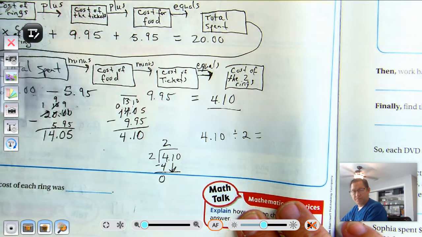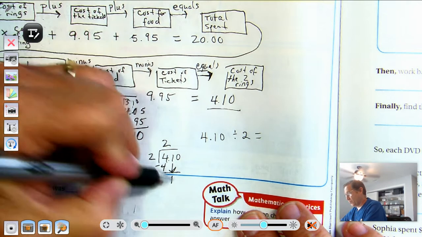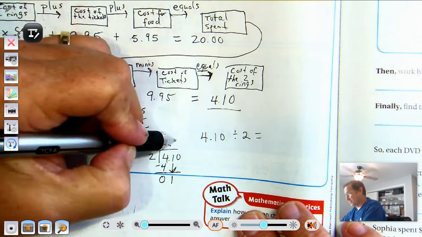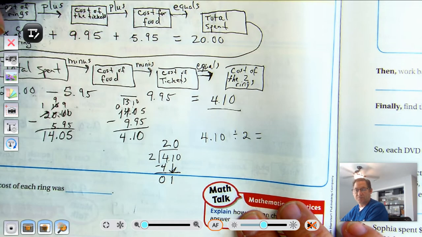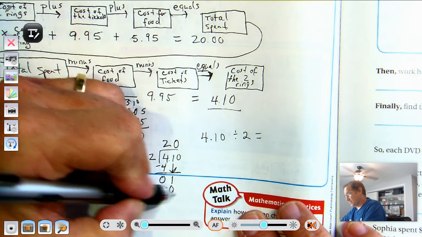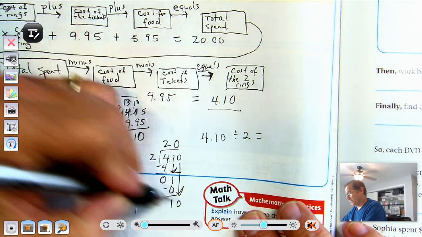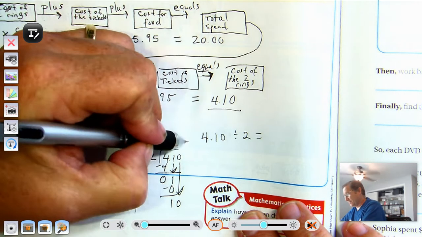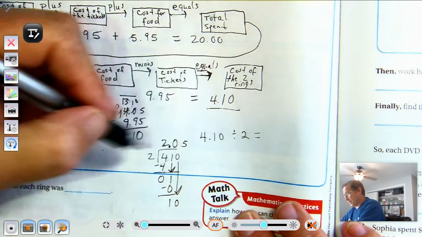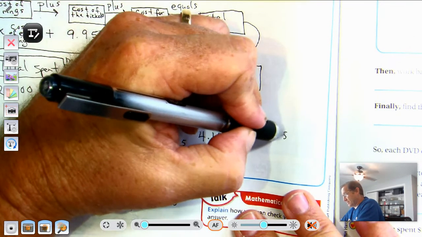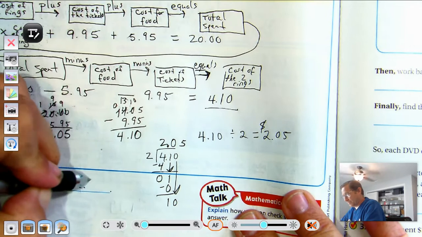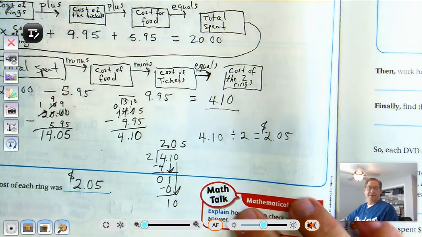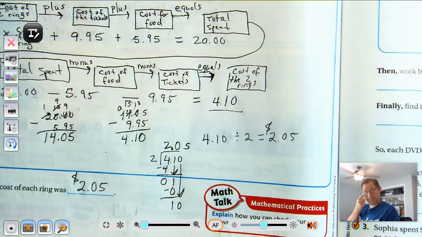I can't share 0 with 2 groups, so I'm going to bring down the 1/10. I can't share any of the 1/10ths with the 2 groups. So I'm going to bring down the 10/100ths. 10/100ths divided by 2 is 5. So each ring costs $2.05. Okay.